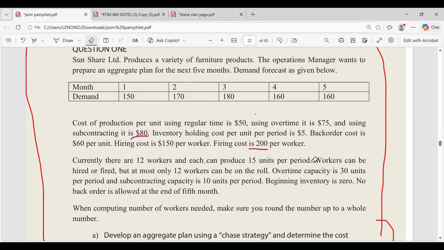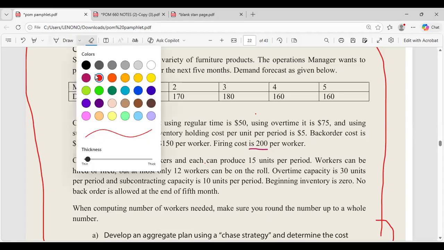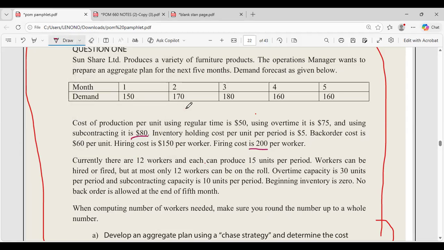These three are the major costs that you expect on the chase strategy.